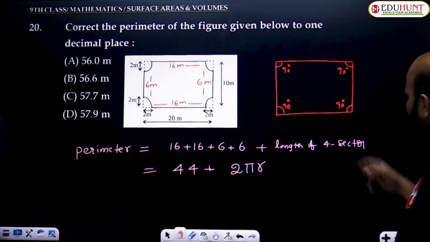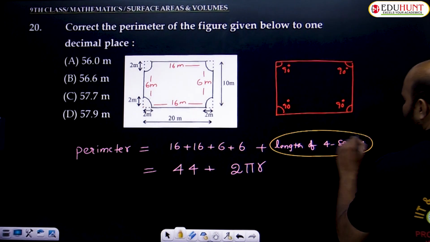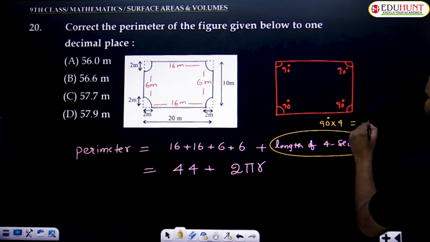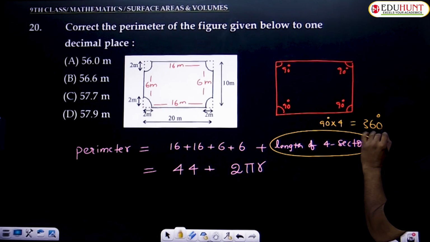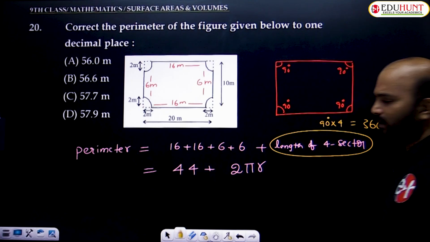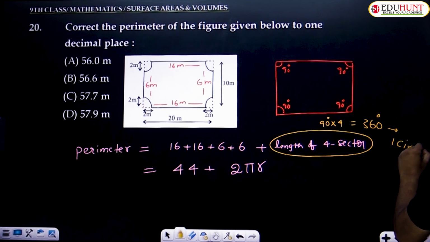Am I clear? So the length of the 4 sectors, if added, 4 sectors means 4 times 90, 90 degrees into 4 will become 360 degrees. That means it makes a circle shape. So the perimeter of the circle equals 2 pi r, the circumference of the circle.